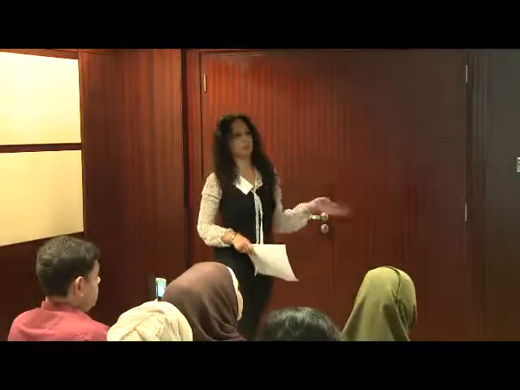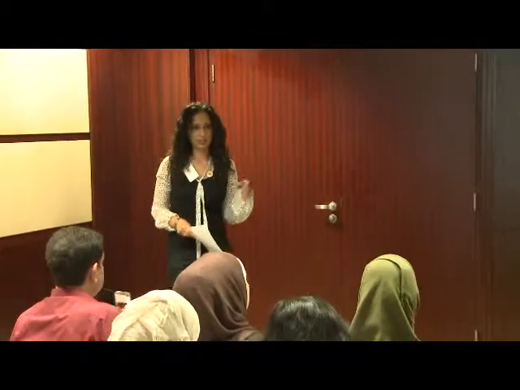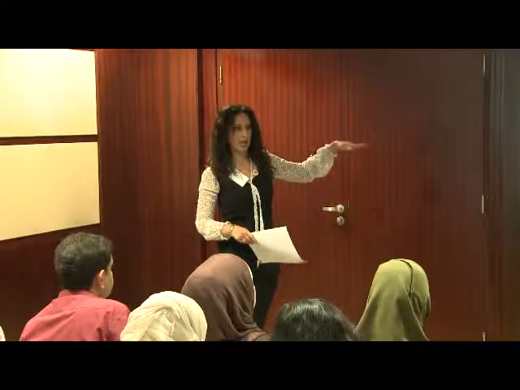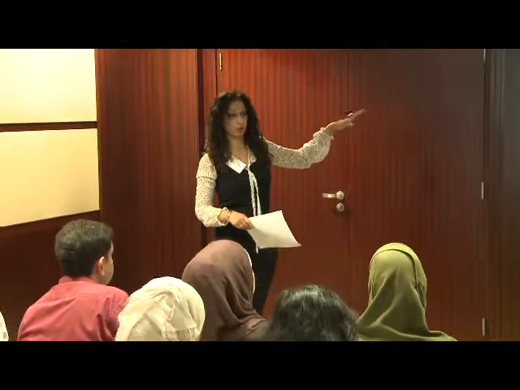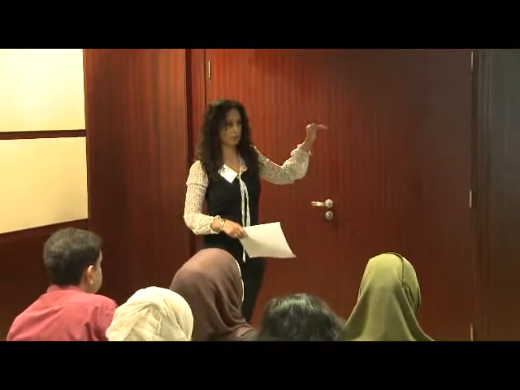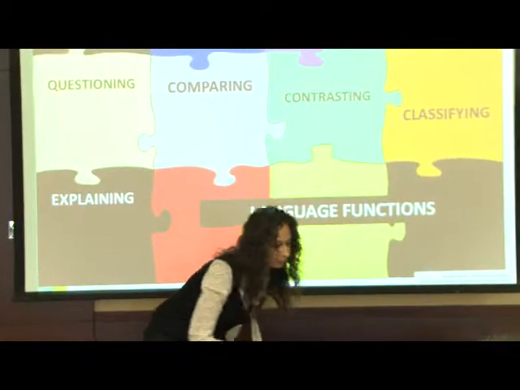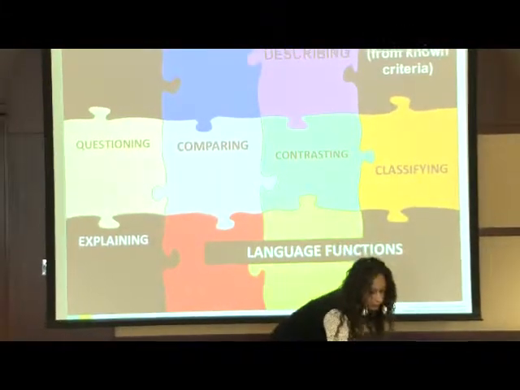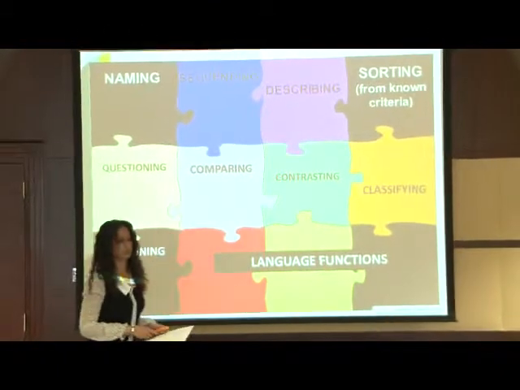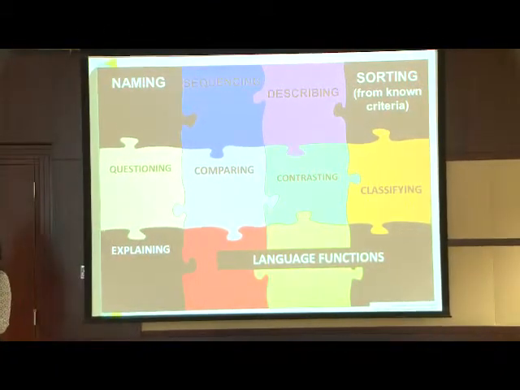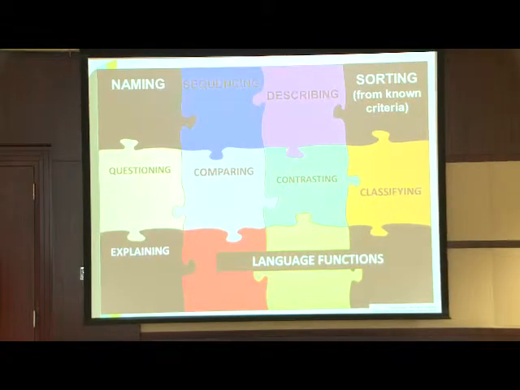Bloom's taxonomy has always been my starting point for anything to do with language, with literacy, with learning. And it's hierarchical. The base of the pyramid has the basic cognitive domain aspects that students learn, up to the top, which is the higher order functions and the higher order cognitive domains. I've linked these to language functions, and the range of language functions on this slide are the basic language functions. So these are the initial functions.